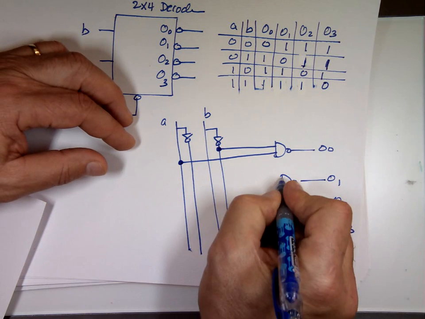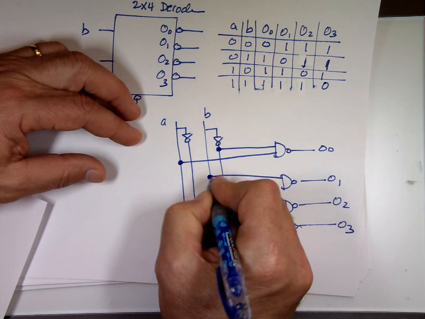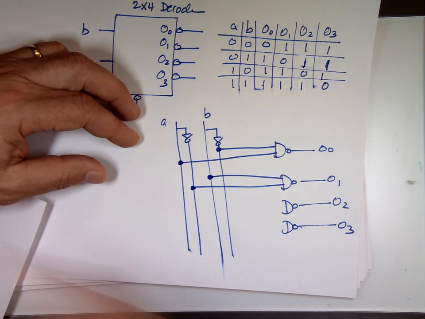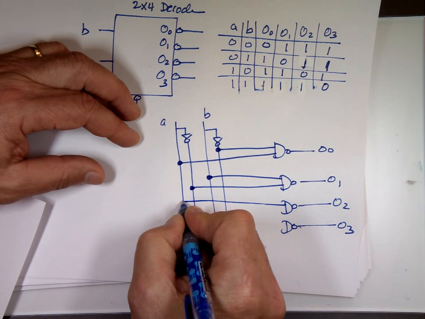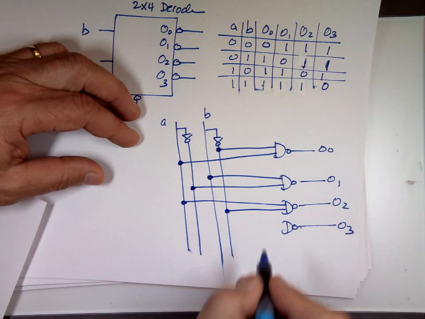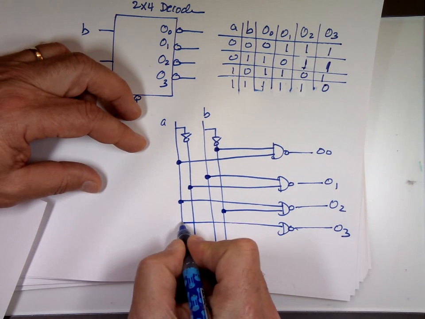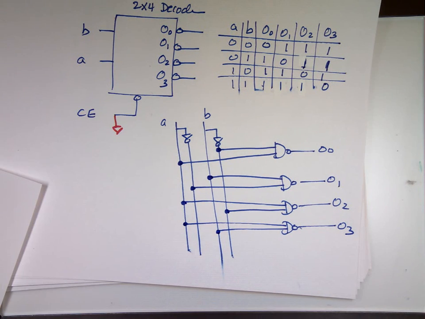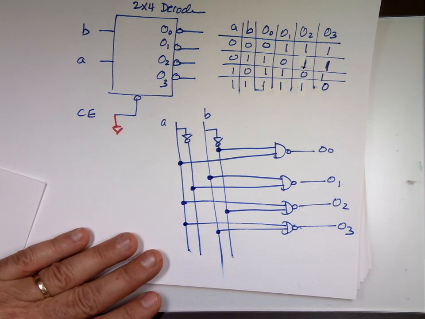This will be attached to B. And this will be attached to A and B naught. This will be attached to both of these. So that's how these are. The first one, yep, the not here.